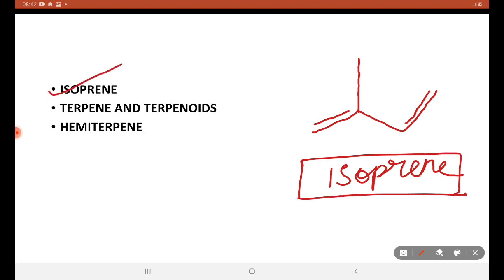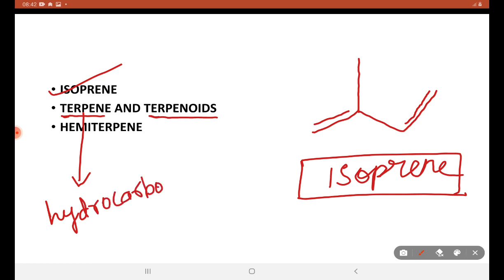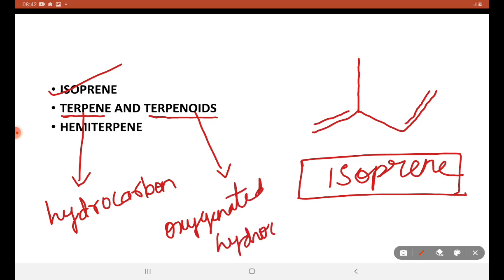They can exist as terpene and terpenoid. Terpenes are hydrocarbons. Terpenoids are oxygenated hydrocarbons.